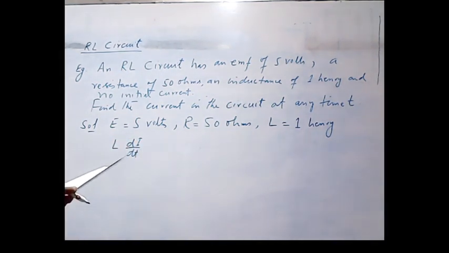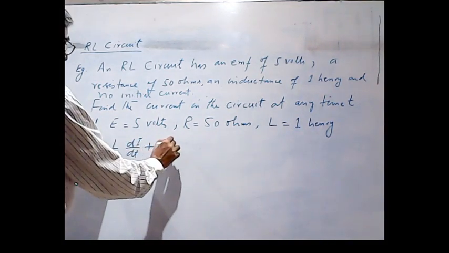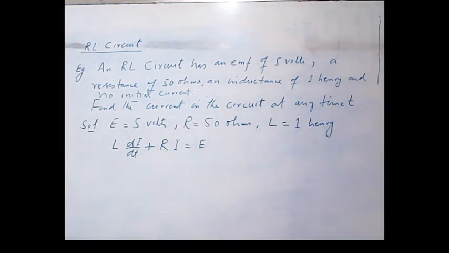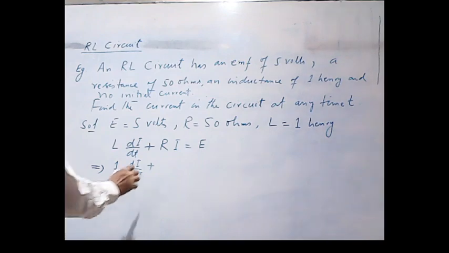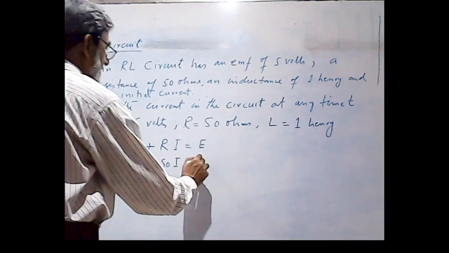It does not involve such complicated steps. You simply solve the first order linear differential equation, where E is of course a function of time. Then substitute all values: L is 1, di by dt plus R is 50 times i, and E is equal to 5.